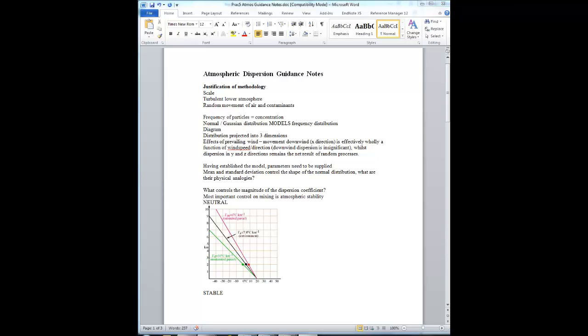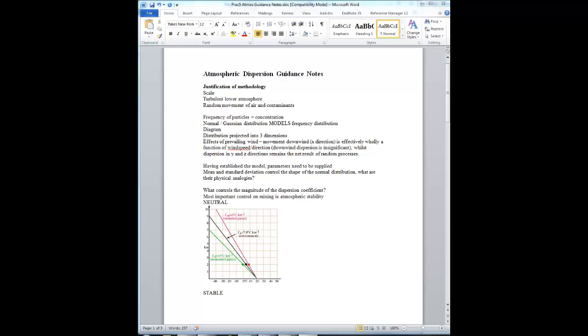So far you've considered a normal distribution as being a bell-shaped curve. If we're going to apply that in the environment, then actually it needs to be in 3 dimensions. So if you imagine spinning your bell-shaped curve through 360 degrees, then you actually have a bell shape, and that would be the distribution of contaminant that you might expect if there's nothing to disturb that distribution.